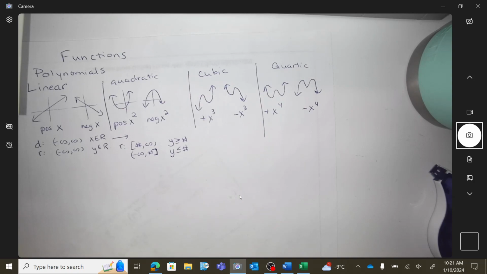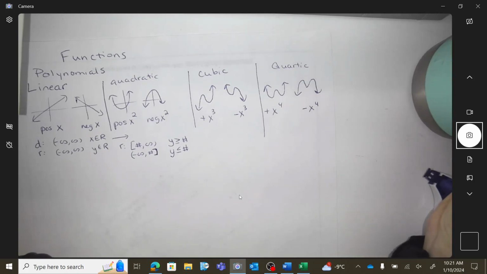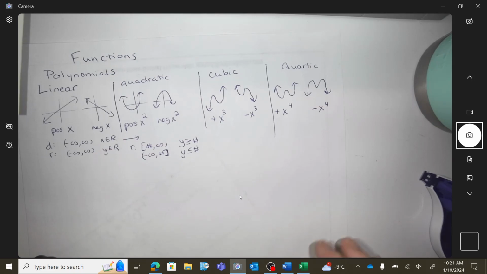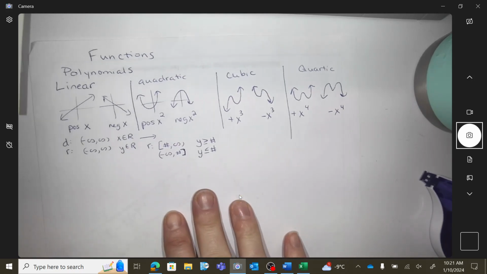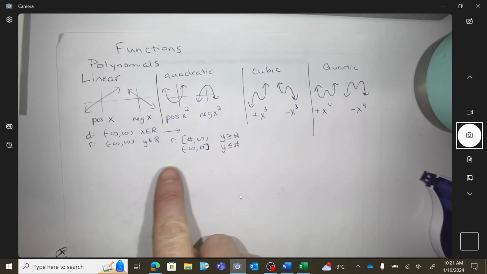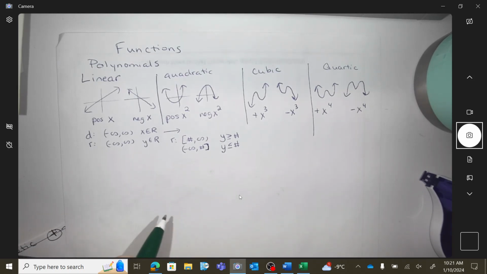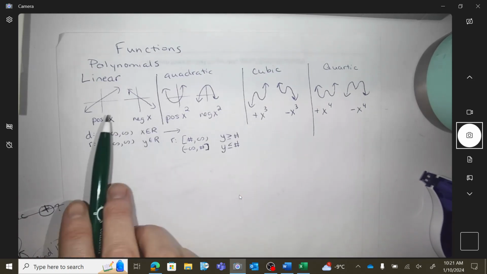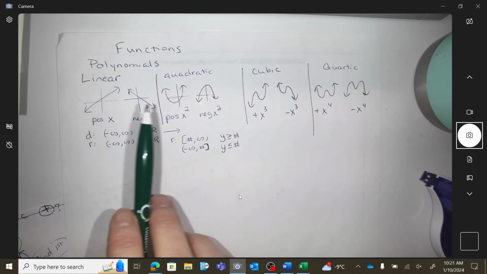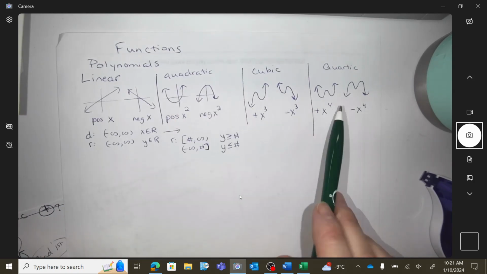Okay, so those are your visuals. I'm not going to write range and domain stuff because it's very similar to those ones now, right? Kind of figure those ones out. Cubic would be very much like the linear because it's an odd and the evens are the same.